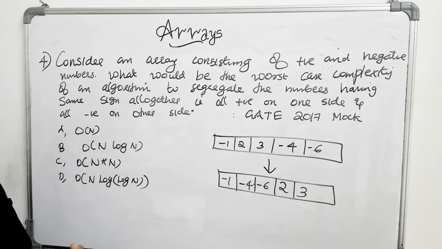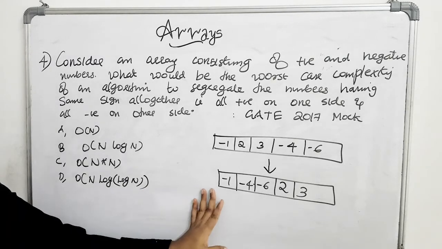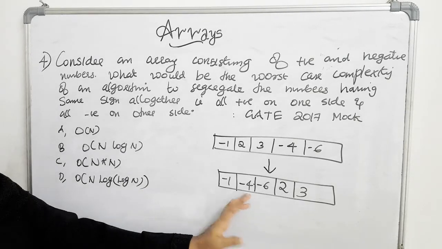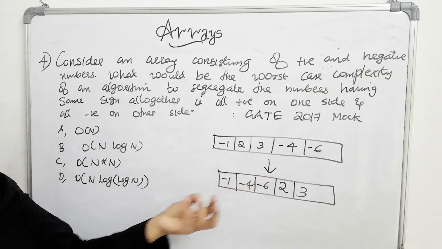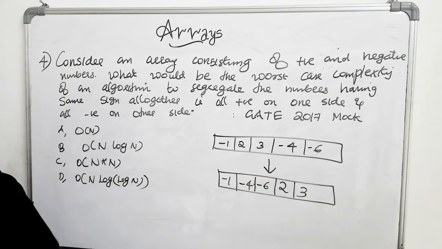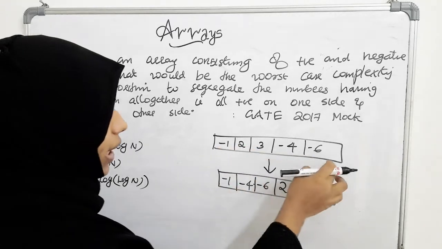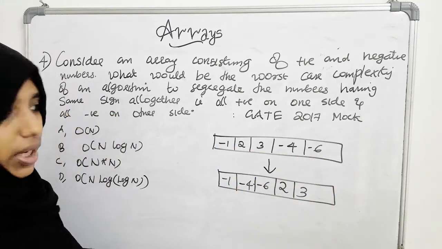One way to do this is to move through the array from left to right and find out the largest negative number.